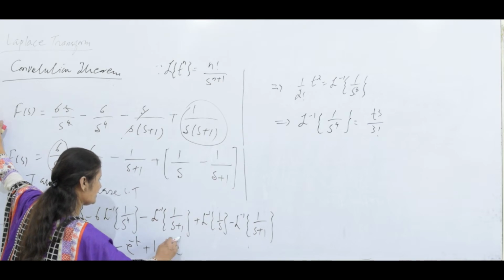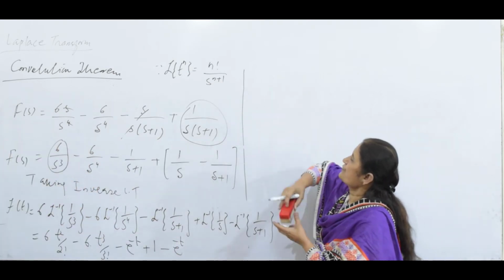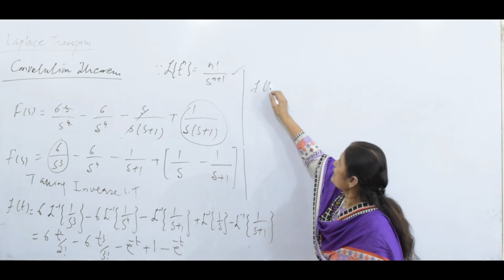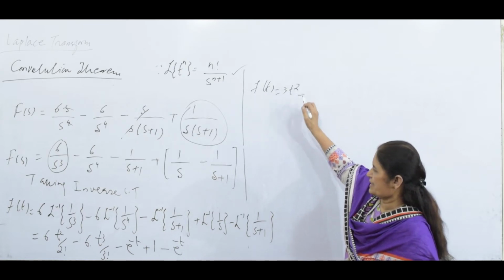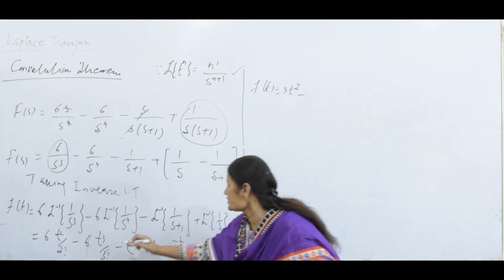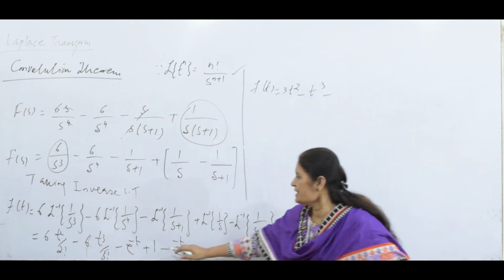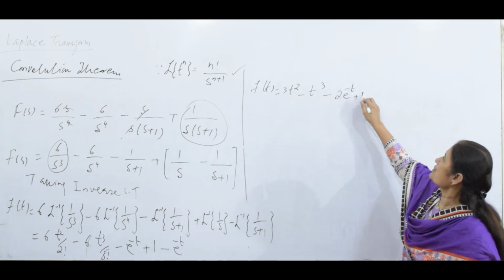So let me simplify this because this formula is highly used. F of t is equal to 3t square minus, 3 factorial is 6, that cancelled, t cube minus e to the minus t, and minus e to the minus t is minus 2e to the minus t plus 1.